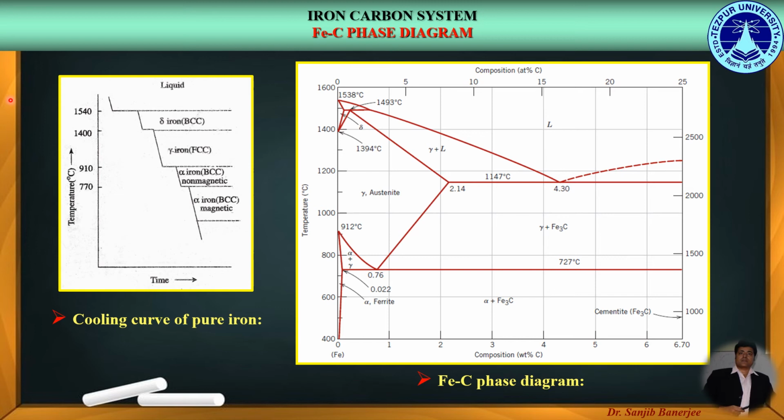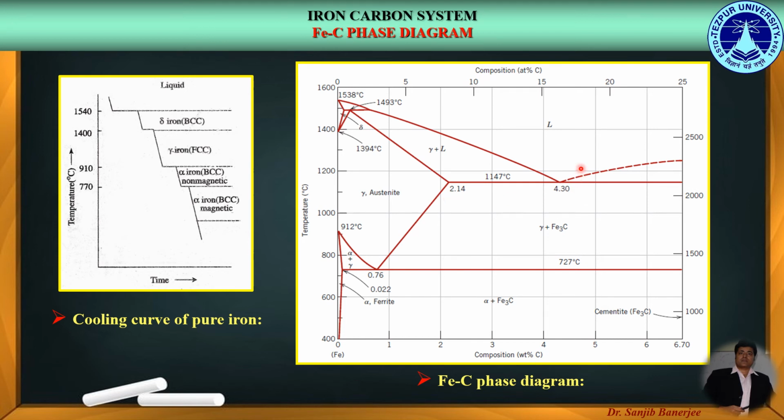Let us now talk about the few relevant points and temperatures in iron-carbon phase diagram. Firstly, the maximum solubility of carbon in the ferrite or alpha iron is 0.022%, which is denoted by this point, while the maximum solubility of carbon in the austenite or gamma iron is about 2%.